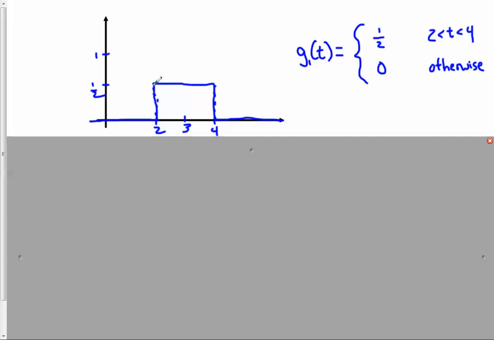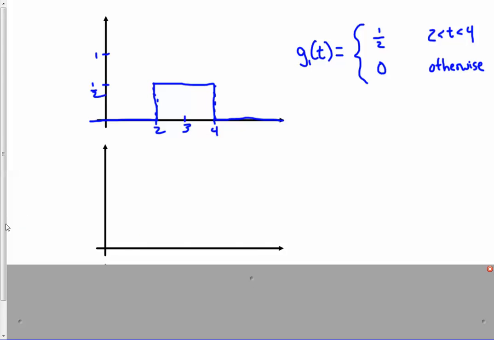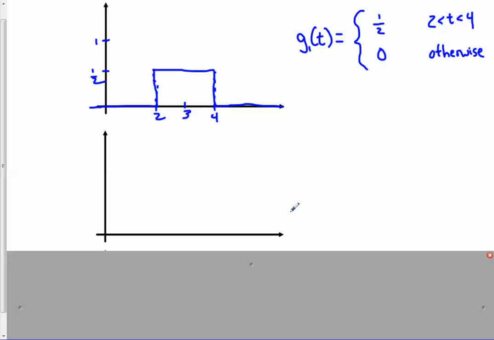So think of that as an impulse, but this one's not too short-lived. This lasts for 2 full time units, 2 full seconds, and its strength is 1/2. Now let's move to a function that looks as follows.